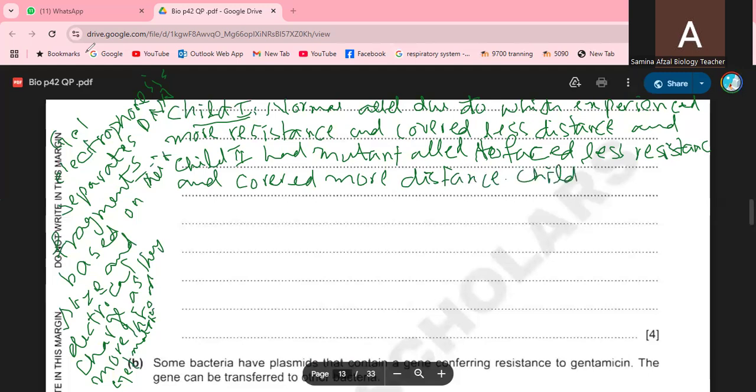And child 3 faced both and showed two bands.